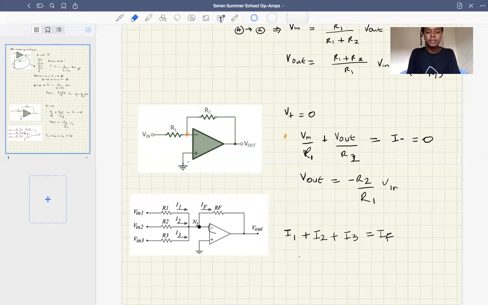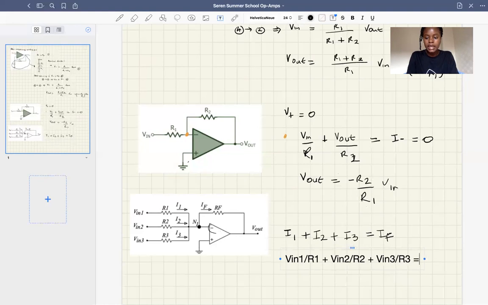Right. So what we end up having there is V in 1 over R1 plus V in 2 over R2 plus V in 3 over R3 is equal to V out over RF.